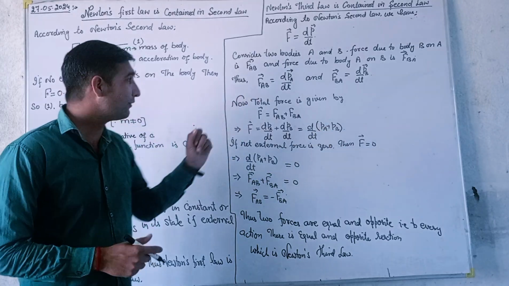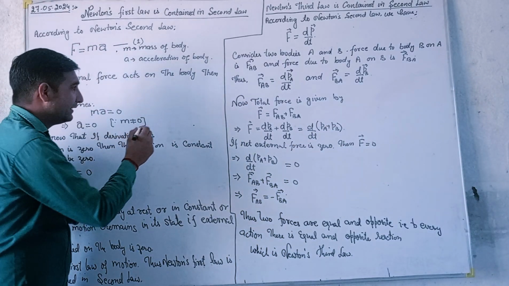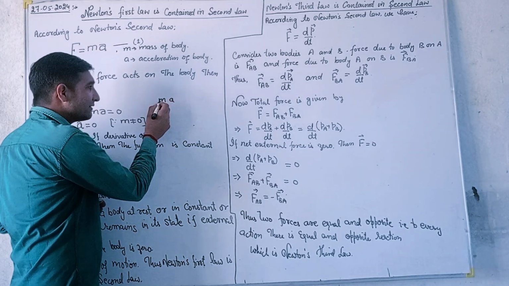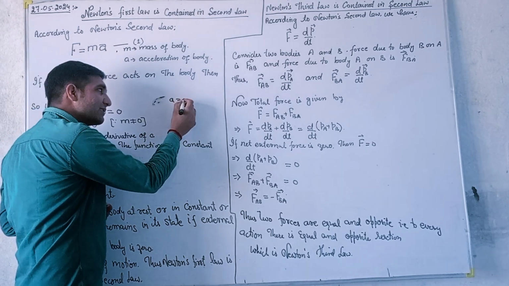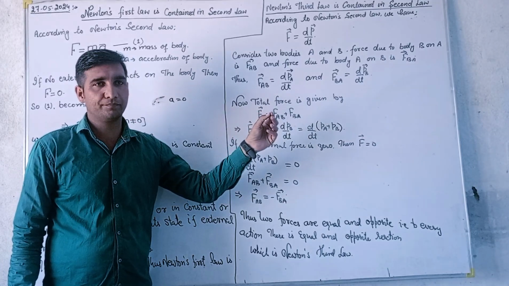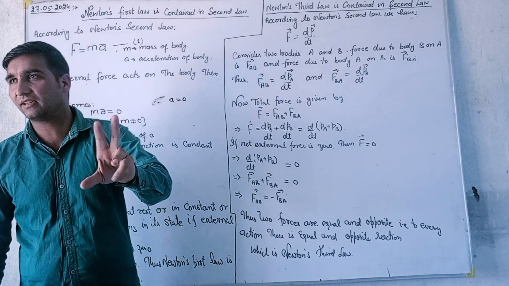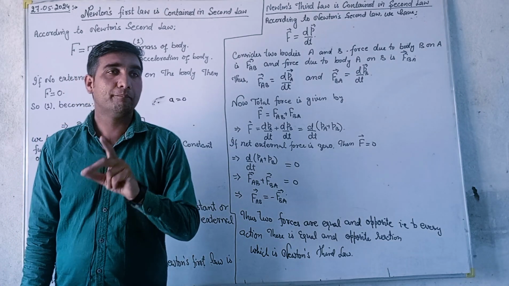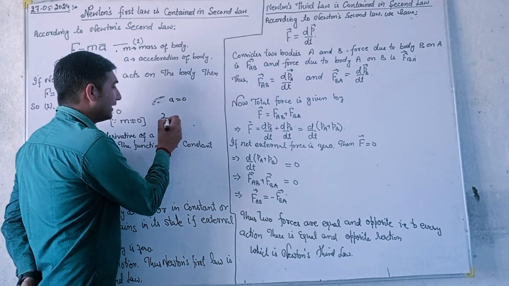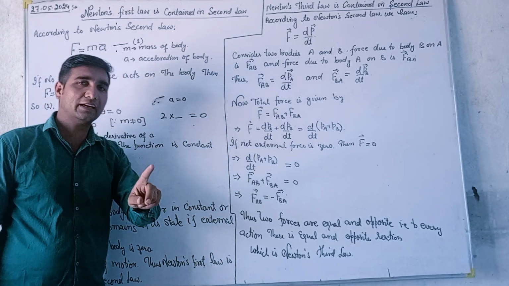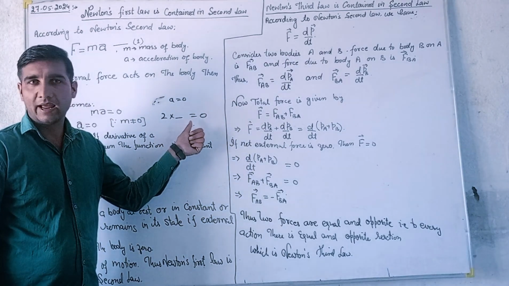A will be equal to 0 because it is the product of two terms, m and a. If m is not equal to 0, then a needs to be 0. If the product of two terms is 0, then one of them must be 0. If we have the number 2 and some other number and the result is 0, definitely the second number will be 0.